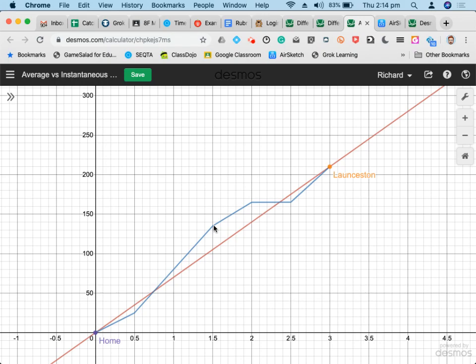I'll tell you what the points are to help you. This one here, so my speed hike was at 0.5, so half an hour after I left home. And then I kept that constant speed up until 1.5. When I started accelerating, I had traveled 20 kilometers at that point.